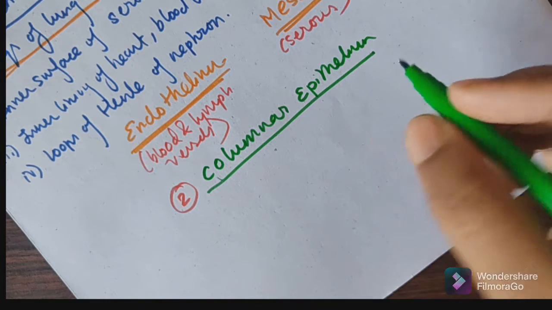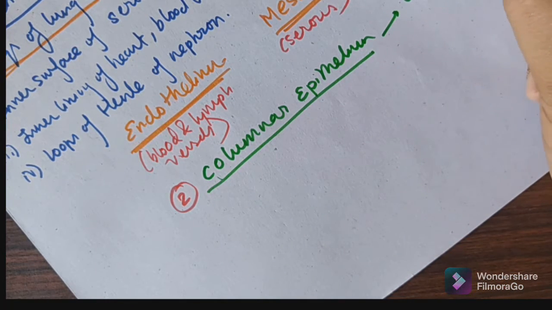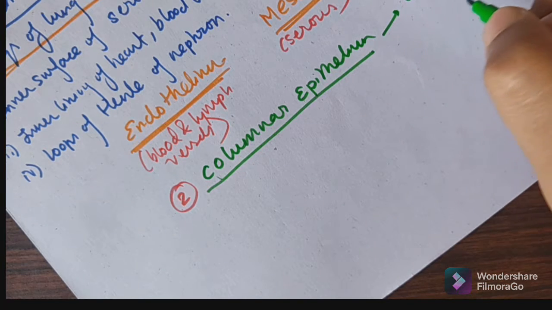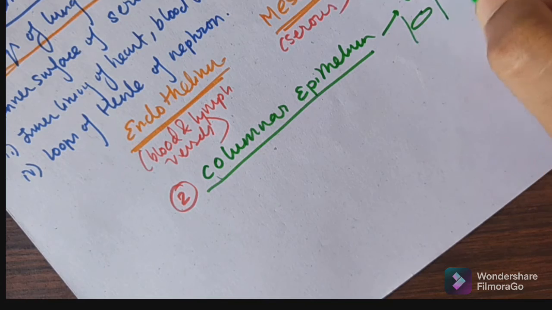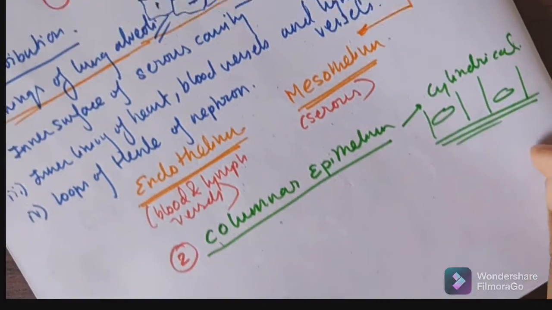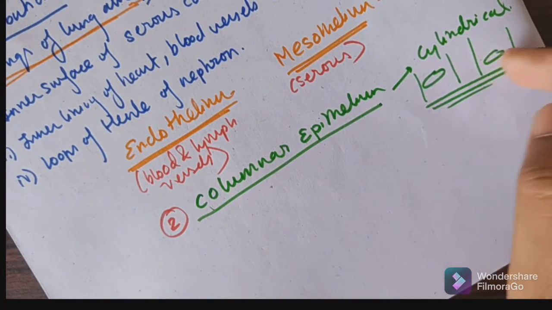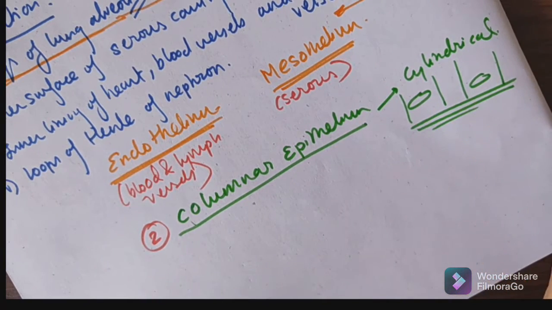Now the columnar epithelium are generally cylindrical in shape. Okay, now they rest on a basement membrane and the nuclei are generally oval, placed centrally or towards the basement membrane. Okay, so this was how generally the columnar epithelium is oriented.